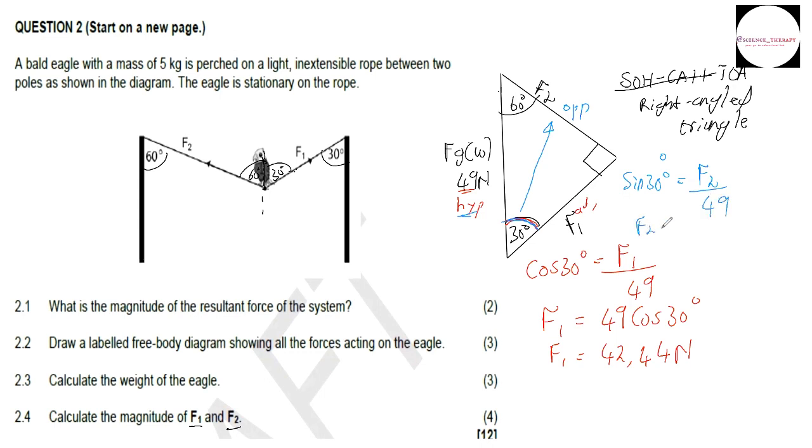To calculate F2, we say 49 sine 30 degrees, and our F2 is equal to 24.5, so it's 24.50 newtons, rounded off to 2 decimal places. That's how you could have calculated the magnitude of F1 and F2 using SOH-CAH-TOA.